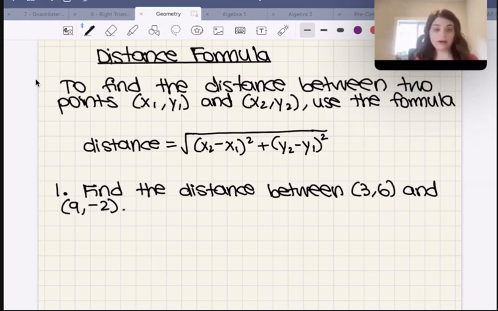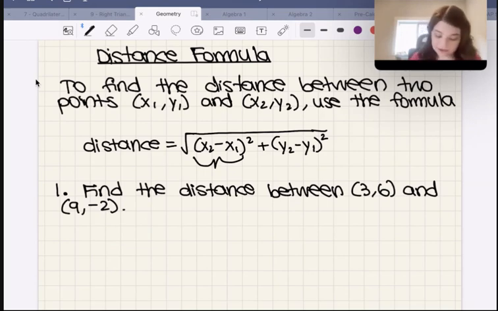So in a way, we can think of this in a similar light to Pythagoras' theorem. In fact, the distance formula was derived from Pythagoras' theorem, so if it looks similar, that is the reason why, right? This one here, x2 minus x1 squared, represents the distance squared of one of the legs of our hypothetical right angle triangle.